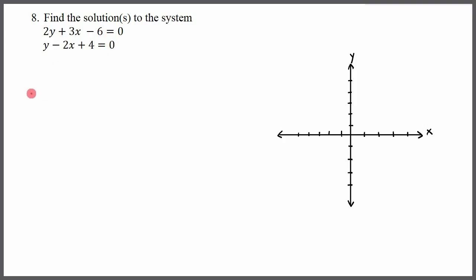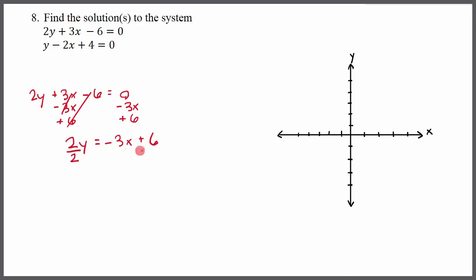So if we start with our first equation, 2y plus 3x minus 6 equals 0, and we subtract 3x from both sides, and we also add 6 to both sides, we end up with 2y equals negative 3x plus 6.